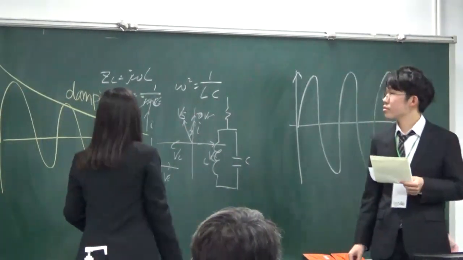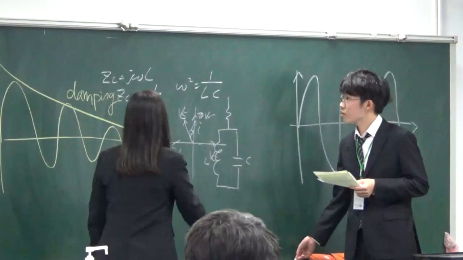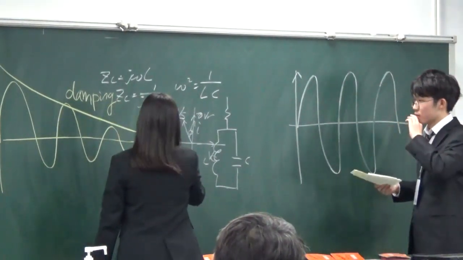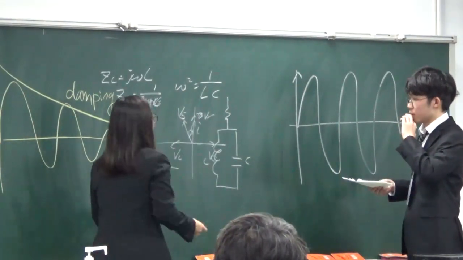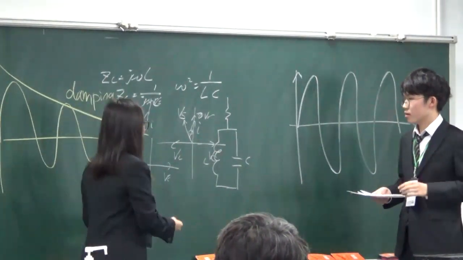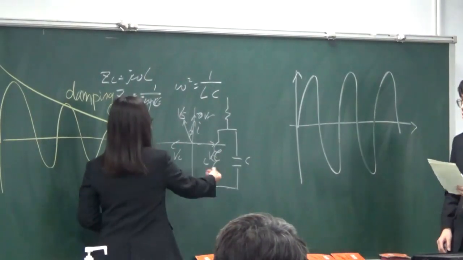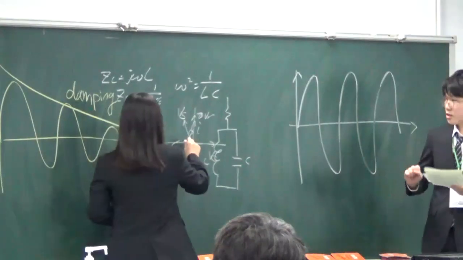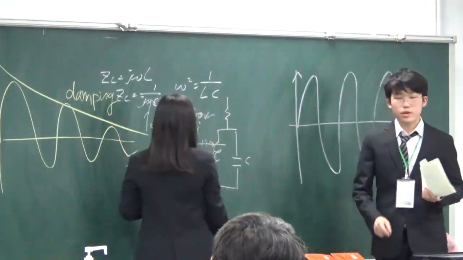So in this situation, we found out that VL and VC have the same magnitude. So VL is as big as VC, but their directions are totally opposite, which means that they can cancel each other. Okay, I understand the explanation.